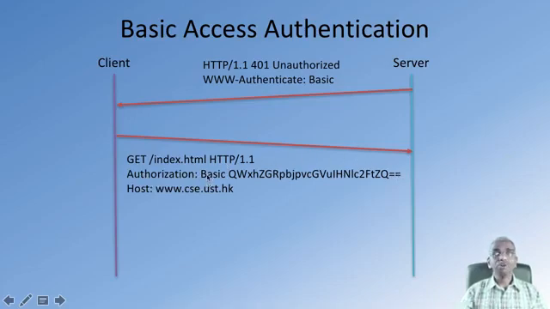For a basic authentication, this information would be in the form of, the first word here will be basic, followed by a space, and followed by a base 64 encoded string here. This base 64 encoded string encodes the username and password in a particular format and then includes that in the header.